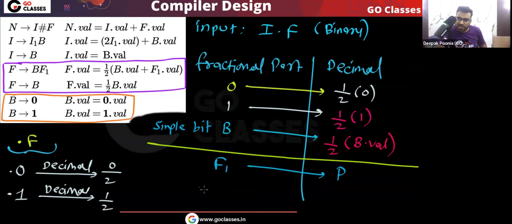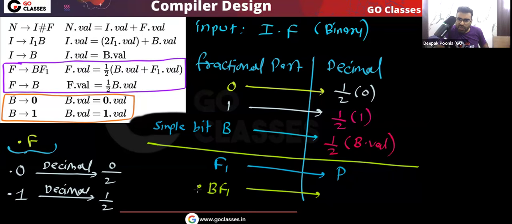Now you tell me, if I put 0.0 f1, or I can say point b f1, what will this value become? For this f1, if the fractional part is f1, then the equivalent decimal value will be p.